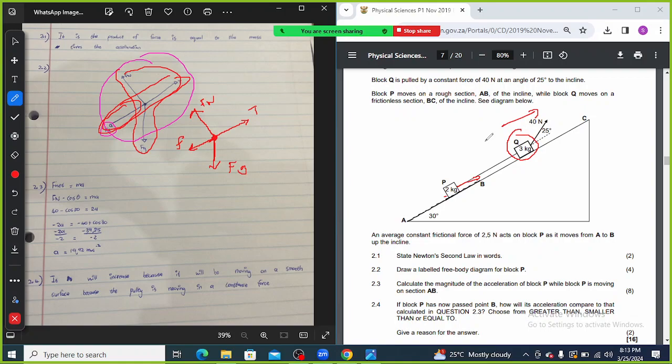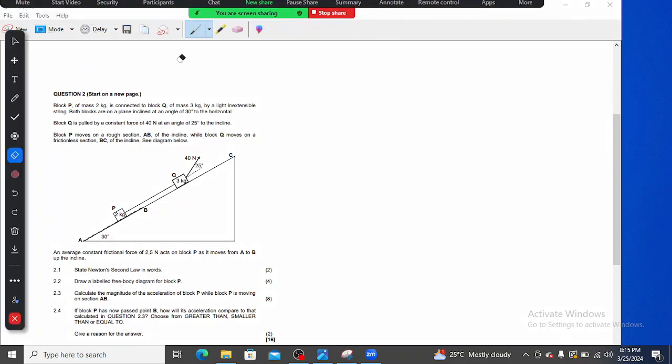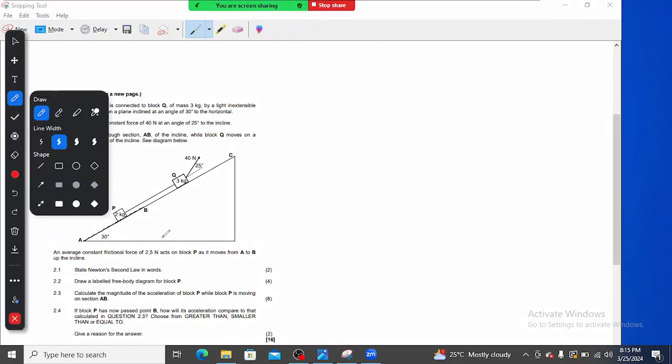So now, I think there's one thing that I have to do. So now, as I was saying, let's just redraw these forces. But before we do that, do you have any question about the free body diagram for 2.2? No. All right.